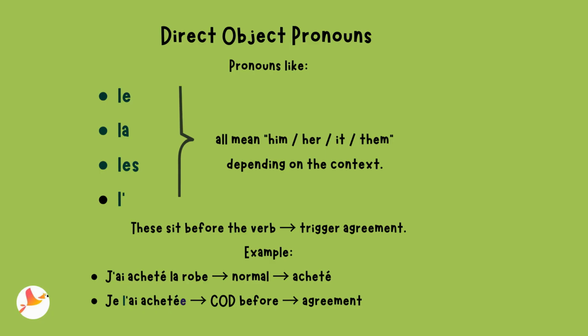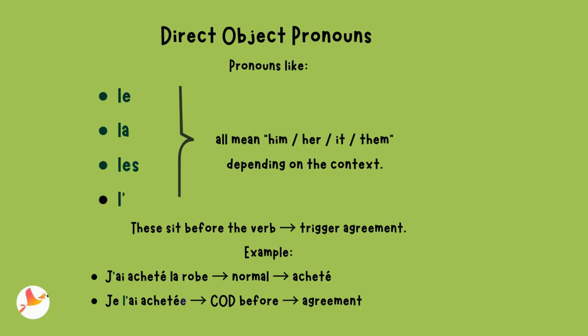J'ai acheté la robe. Here we see that there's no agreement with the past participle acheté. Why isn't there agreement? Because la robe, the direct object, comes after acheté. It comes after the helping verb. So we apply the rule that avoir auxiliary verbs do not trigger agreement between the past participle and the subject.